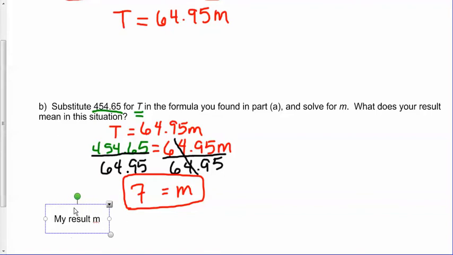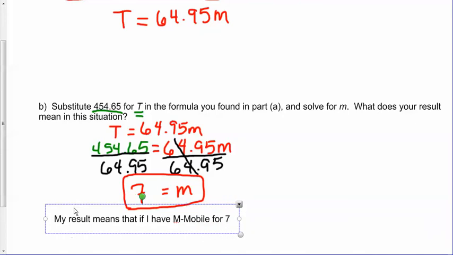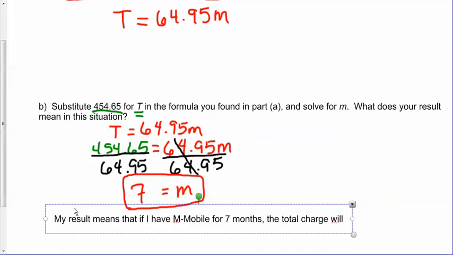So my result means that if I have M Mobile for 7 months, the total charge will be, and remember what we saw the total charge was? $454.65. And we want to be sure that we put the dollar sign there because now we're talking about charges and that's something in dollars.